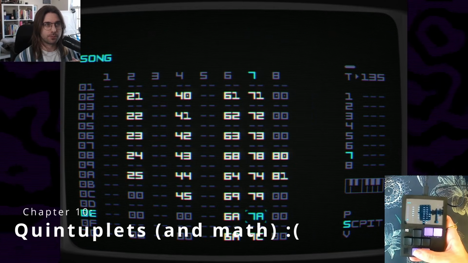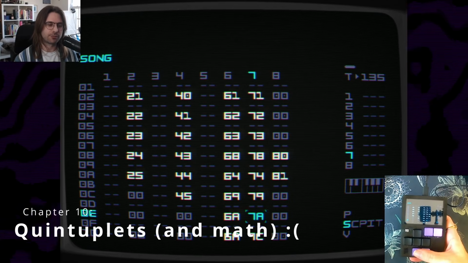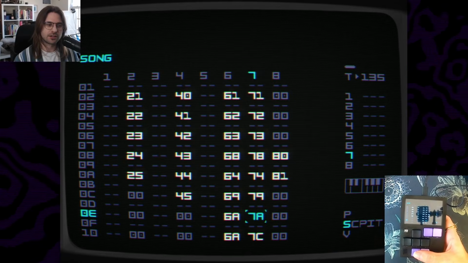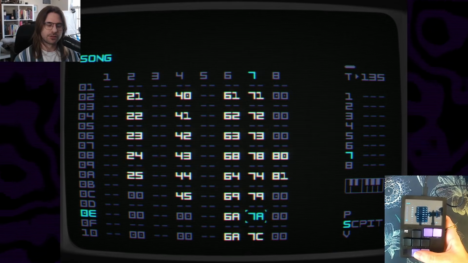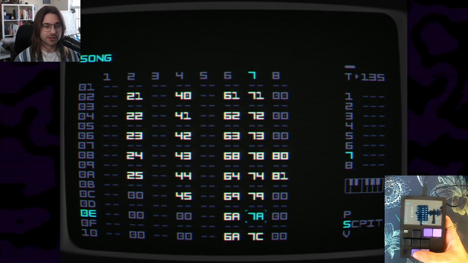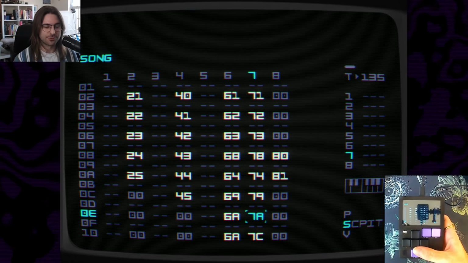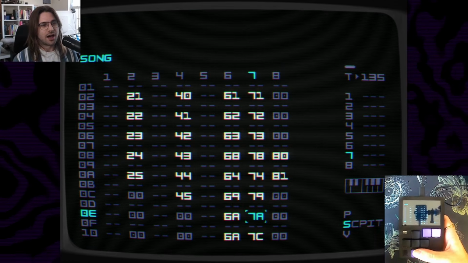Because the M8 runs at 24 ppq, it makes doing the stuff that I've highlighted so far relatively easy, because 24 is easily divisible by 2, 3, and 4, etc.